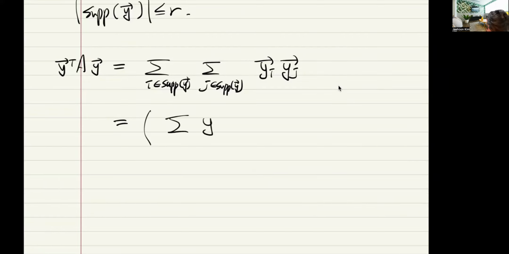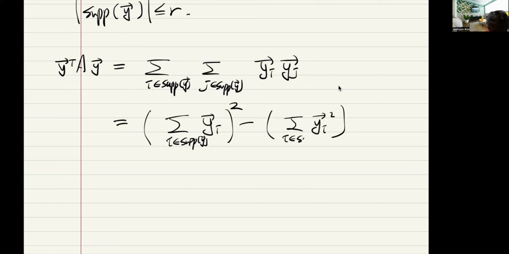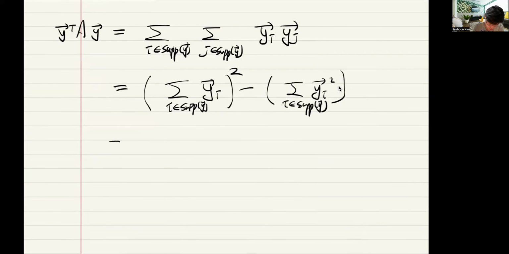This is the same as taking all the support of y, adding them and squaring, and then subtracting each term squared. And we know that the sum is 1. So this is 1 minus the summation of yi coordinate squared.